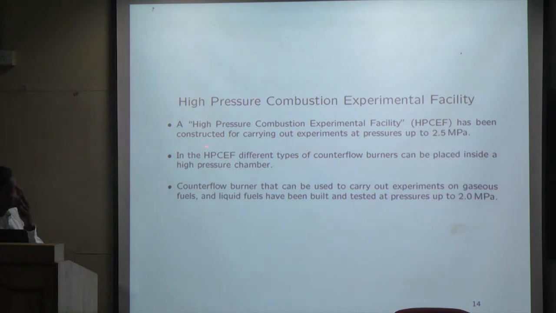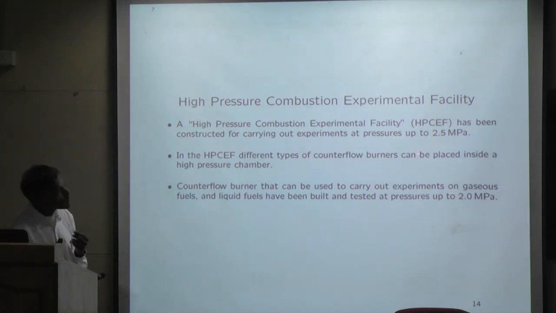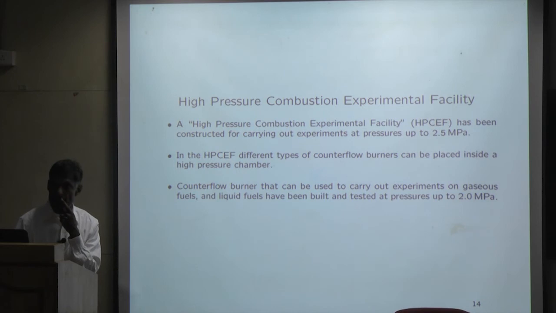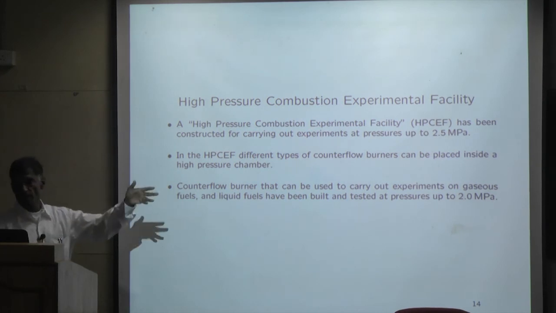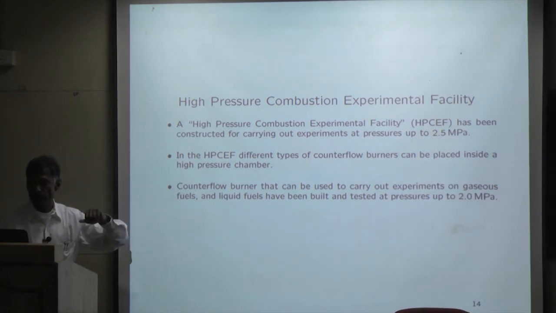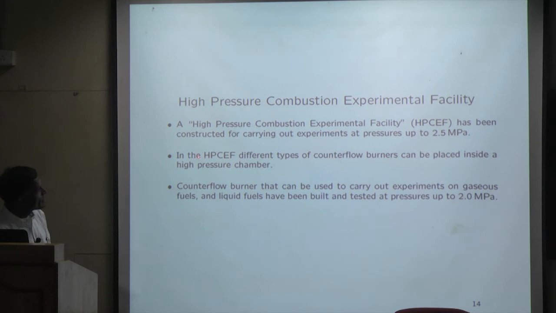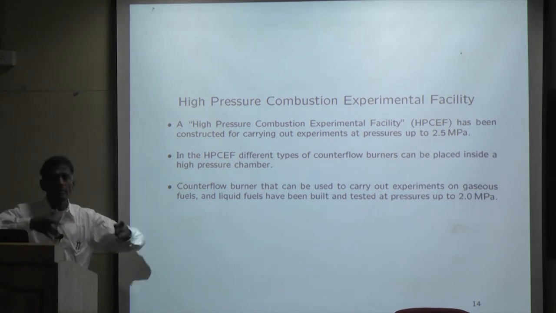In this facility, we can do experiments up to a pressure of 2.5 megapascals, which is approximately 25 atmospheres. More recently, we got some funding to extend the operation of this device to 60 bars, so 6 megapascals.